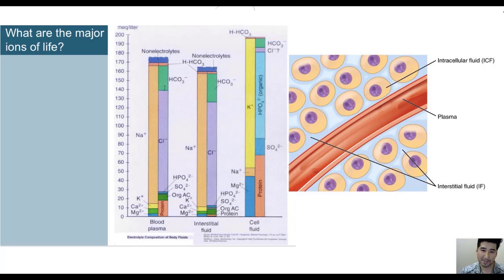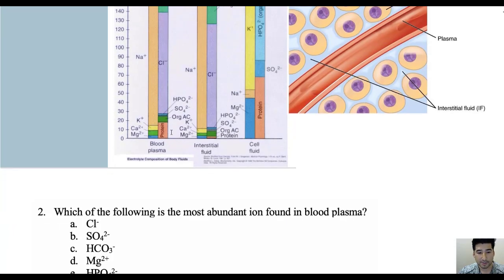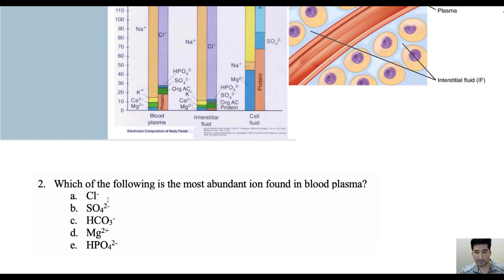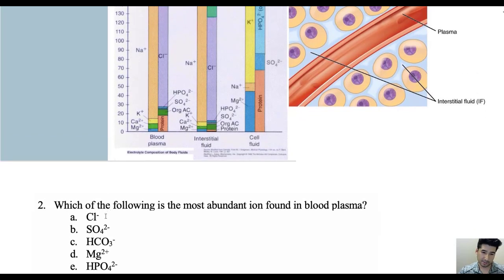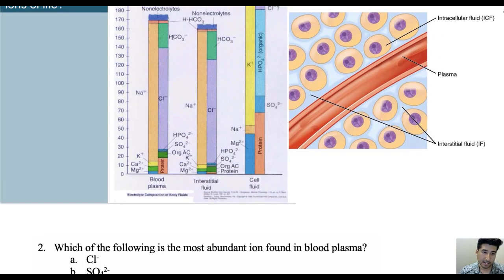I'm sorry if I'm butchering these numbers, but what you should be taking away from this is that bicarbonate is found in high to very high concentrations, whereas sodium is found from very low concentrations to very high concentrations. Alright, sodium's not one of the answer choices. So the answer choices are between chloride, sulfate, bicarbonate, magnesium, and phosphoric acid. If we look at this, the most abundant is a toss-up between HCO3- and chloride.